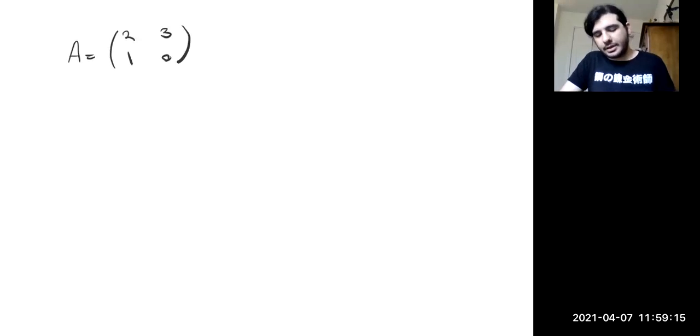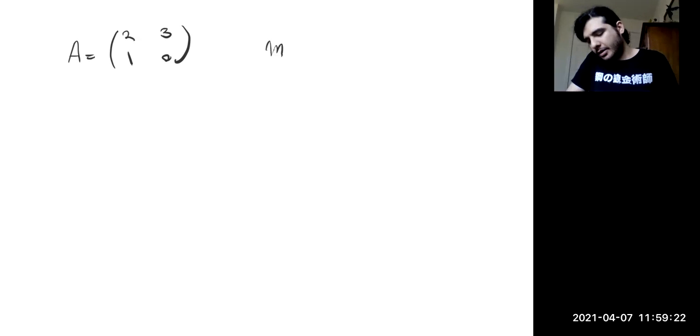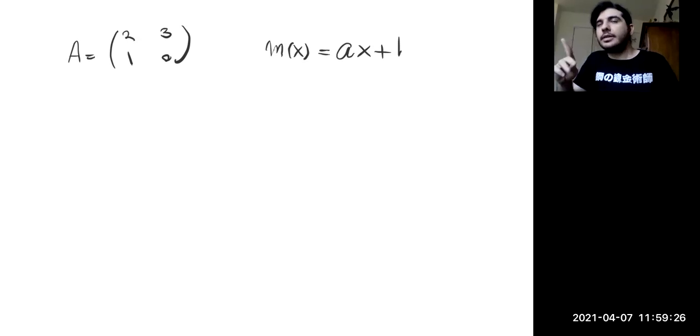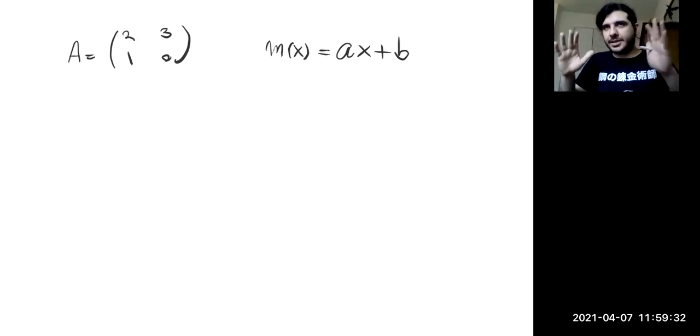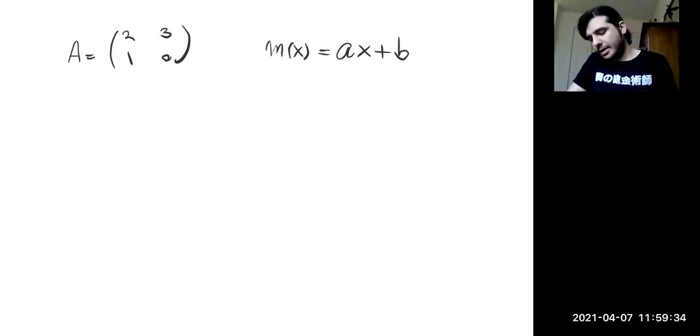So here the matrix is 2, 3, 1, 0. I just write that one more time. So any degree 1 polynomial is of the form ax plus b, right? Because it is minimal, we assume the coefficient of the term with the highest degree is always 1. So here a has to be 1.